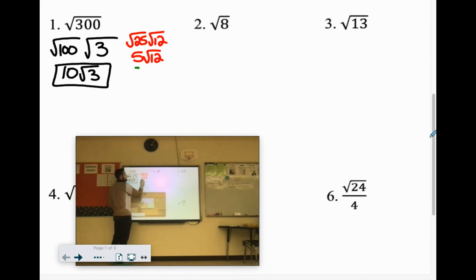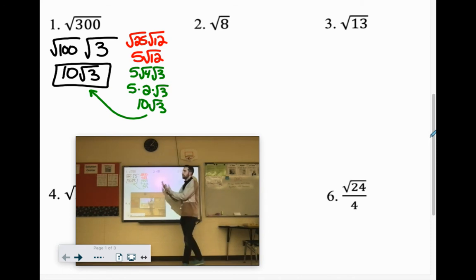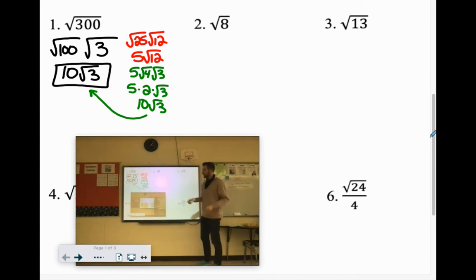So 12 is 4 times 3. Right? These things are all next to each other, which means they're all being multiplied. So when we take the square root of 4, which is 2, we're going to be multiplying it by the 5 that was already out there. This would also give us 10 root 3. Same thing we got over here, but you'll see we did less work. If you can find the largest perfect square, you just end up doing less work.